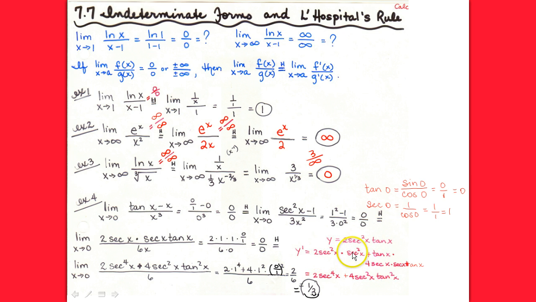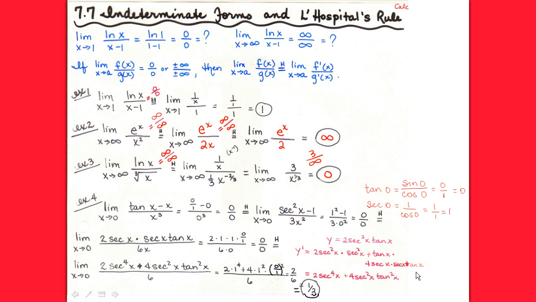So first times derivative of second, plus second, and now we need to go back and take the derivative of the first. Up here I had 2 secant squared. So 2 times 2 is 4 secant to the first. And then I need to multiply by the derivative of the inside for chain rule, right? The derivative of secant is secant tangent.